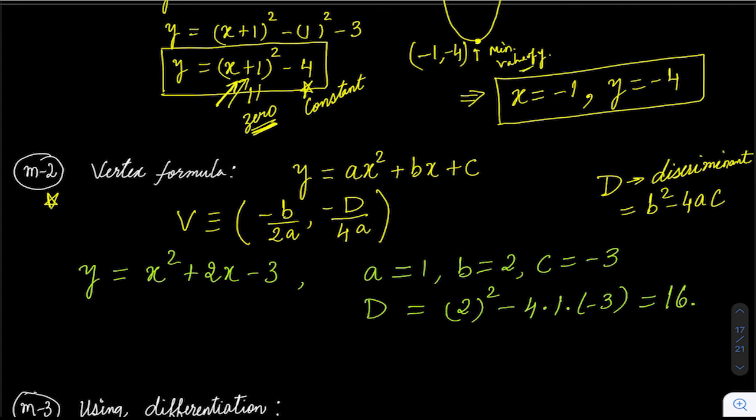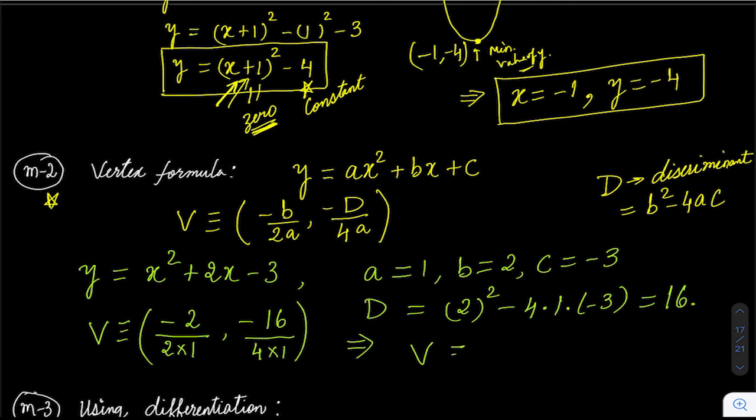So what is my vertex coordinate? The vertex coordinate will be −b, that is −2, over 2a, 2 times 1, comma, −D, that is −16, divided by 4 times 1. And you can simply see here, I am getting my vertex x as −2 over 2, that is −1.